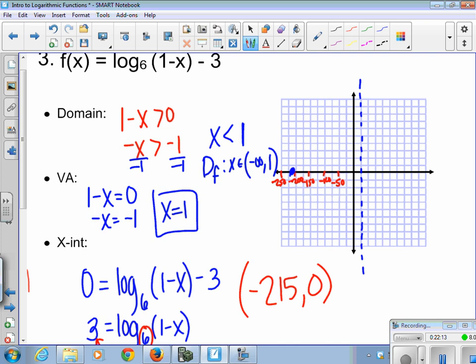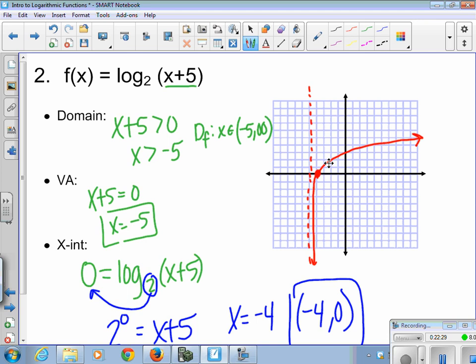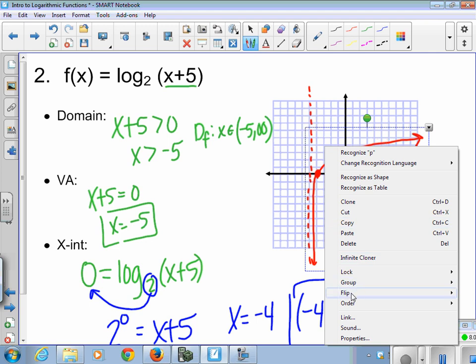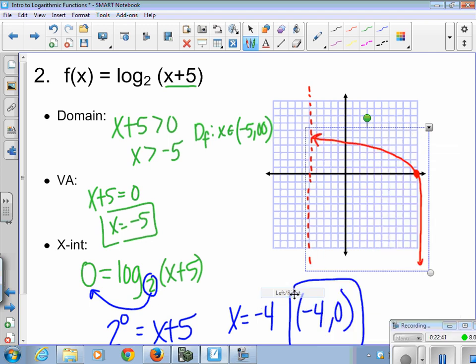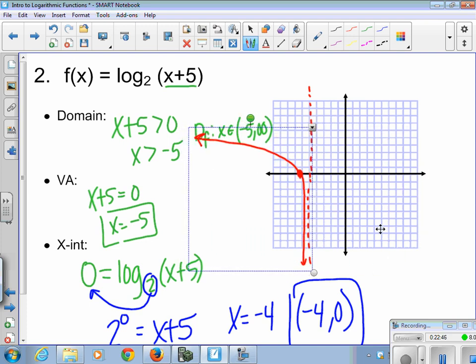And so then, because my domain is going in the negative direction, that tells me I don't want anything on this side of the asymptote. I want it to be everything from negative infinity to 1. What the negative beside the x on the inside does is it just takes our function, if it looks like this when the x is positive, and flips it over the asymptote.